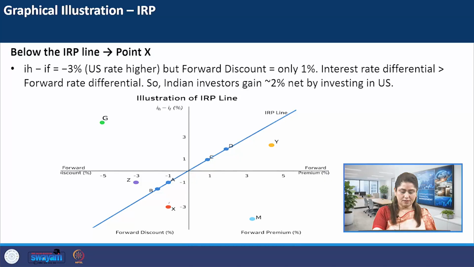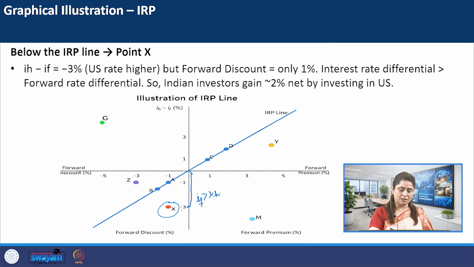Now, let us take another point, which is X. At X, we will find an opposite condition in which the interest rate of the foreign country is greater than the interest rate of the home country, because it is lying in the quadrant where the y-axis is negative. So here the interest in the foreign country is greater than the interest in the home country.